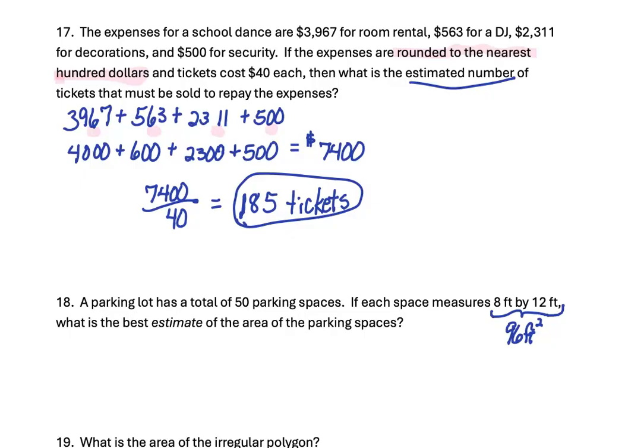But it's asking us for an estimate. So we need to round this 96 feet squared to do the arithmetic here. So instead of just multiplying 50 times 96, we're going to multiply 50 by an estimate here, 50 times 100.